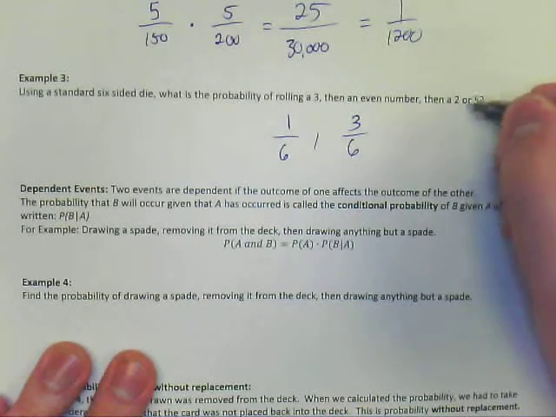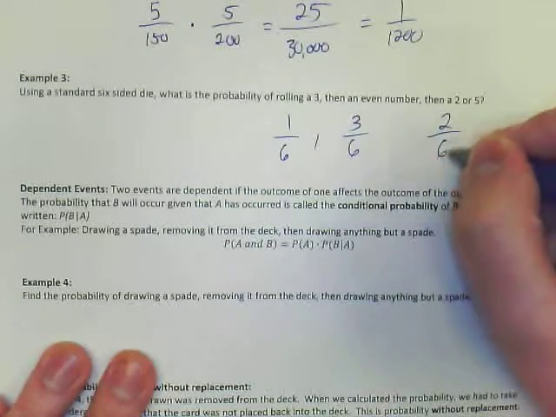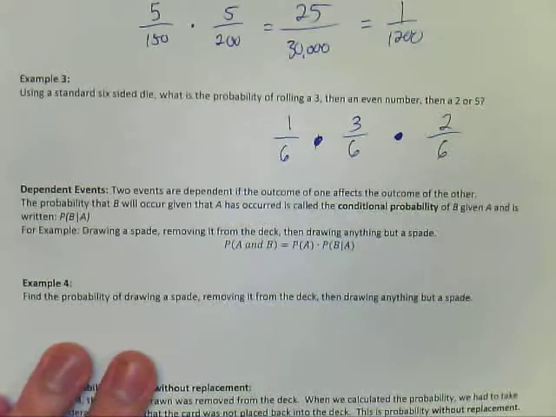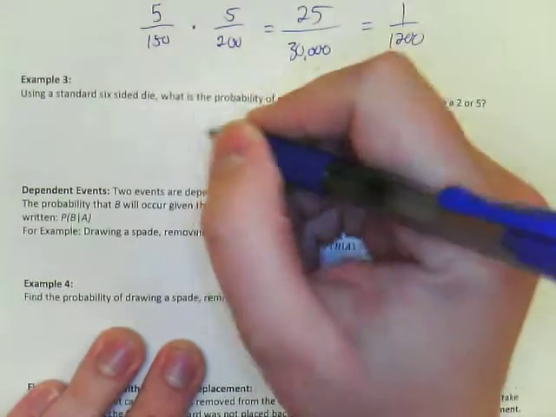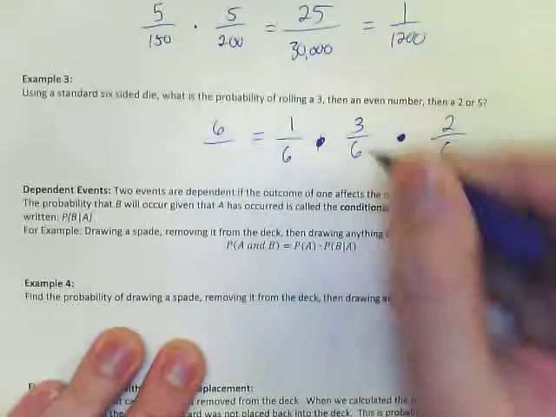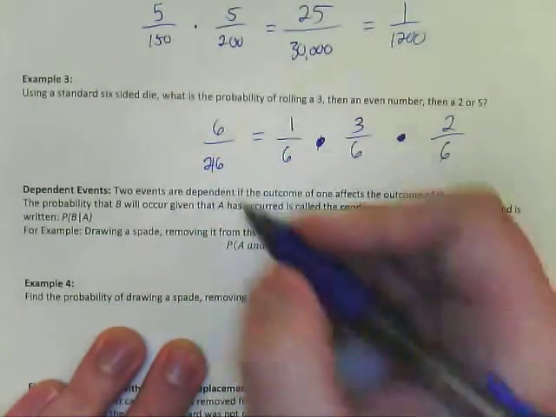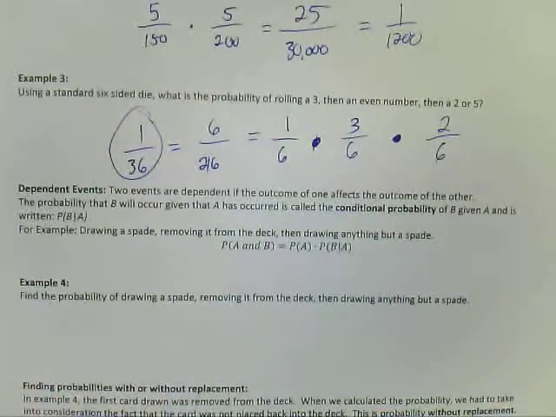And then a 2 or a 5, there are 2 ways to get that, one way to get a 2 and one way to get a 5, so 2 possible ways out of the 6. Then we multiply these 3 together. 1 times 3 times 2 is 6, and 6 times 6 times 6 is 216. If we reduce that fraction, we get 1 out of 36. So that is the probability of rolling a 3, then an even number, then a 2 or a 5.